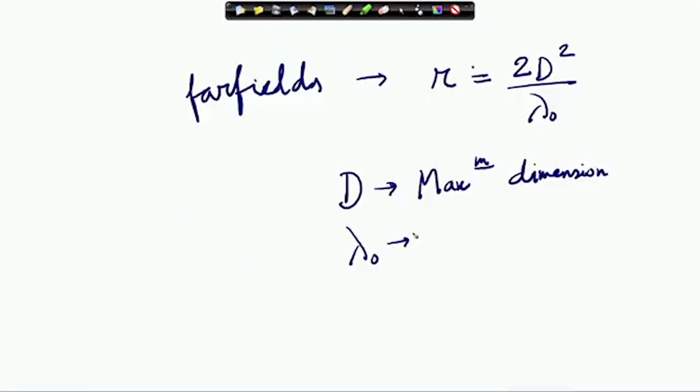So, maximum dimension is d, and lambda naught obviously is the wavelength of the source excitation. Based on this generally we say far field.